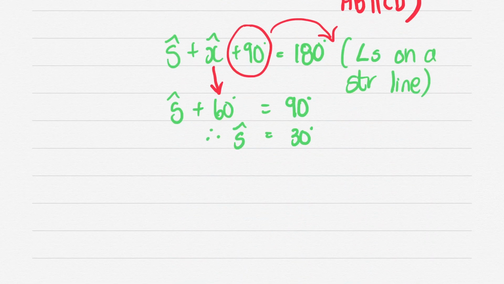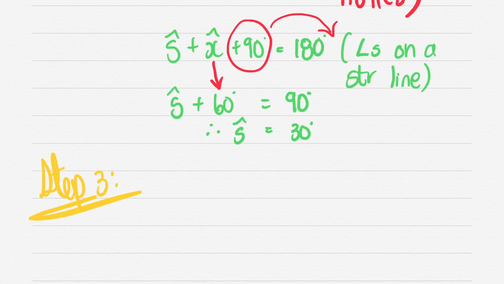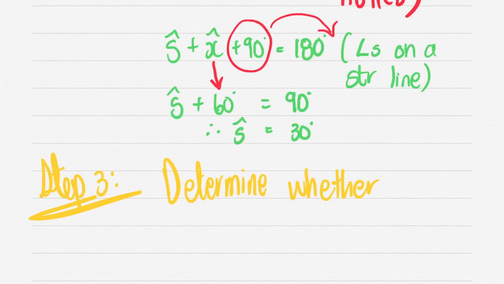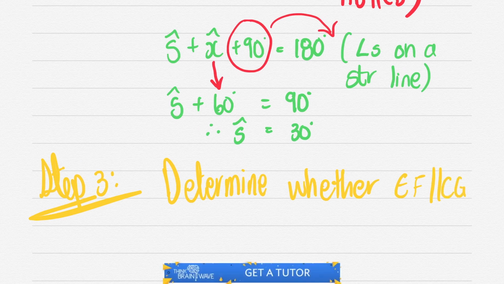Okay, now where do we move forward to? We now do our third step. As you can see, the steps are very important to solve questions like this. So in our third step, let's determine whether our two lines in question are parallel or not. So is EF parallel to CG?